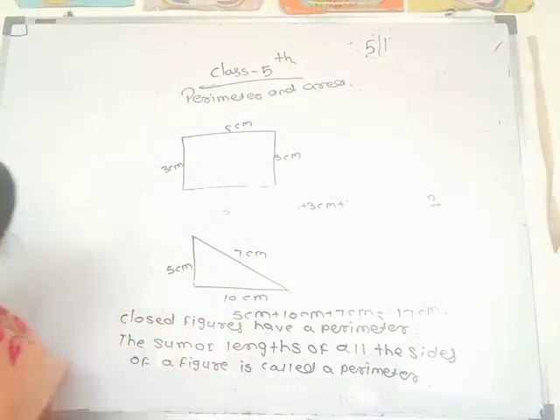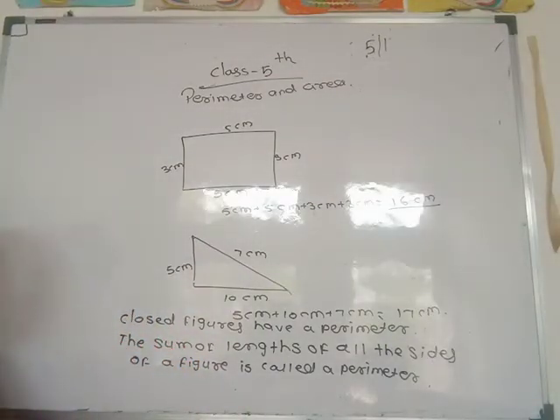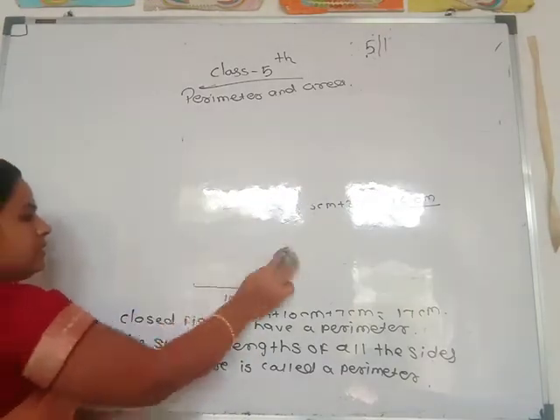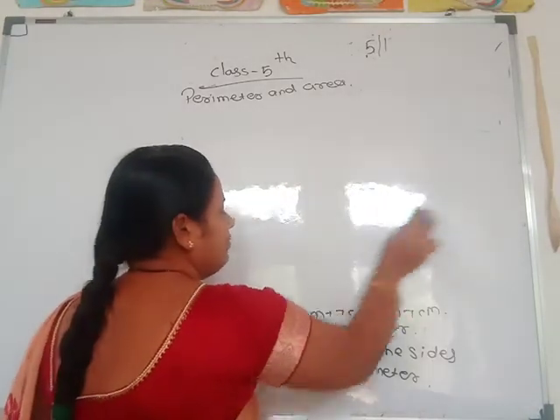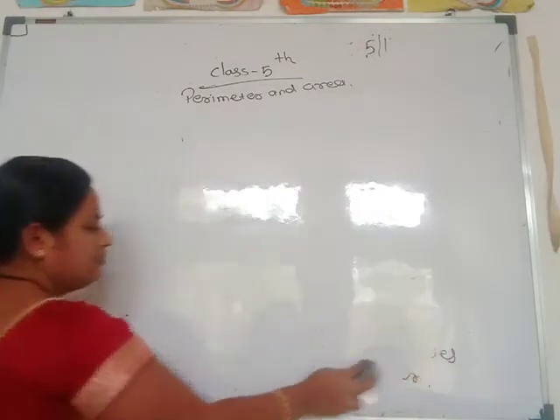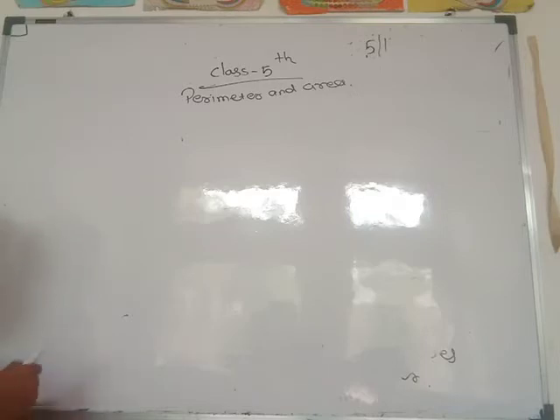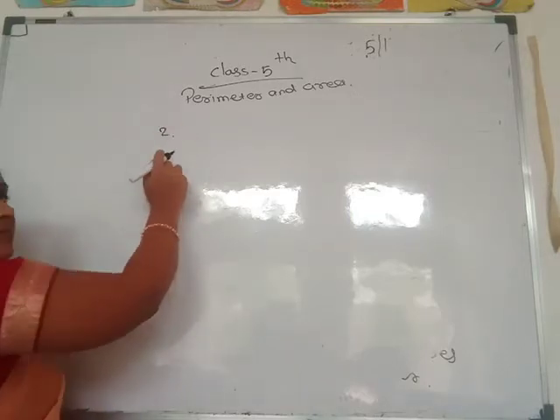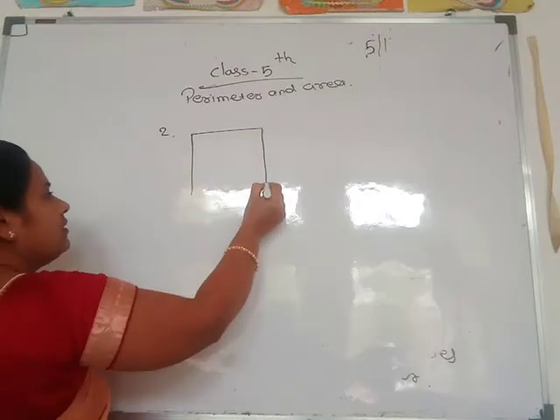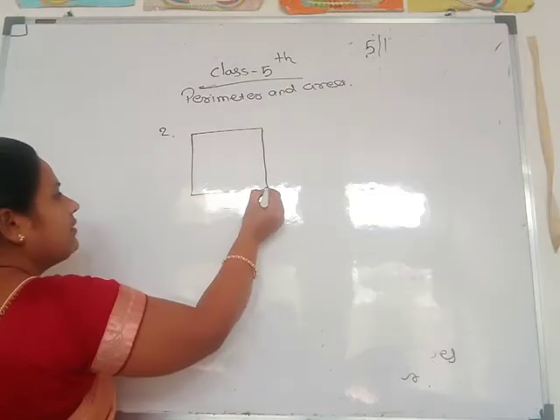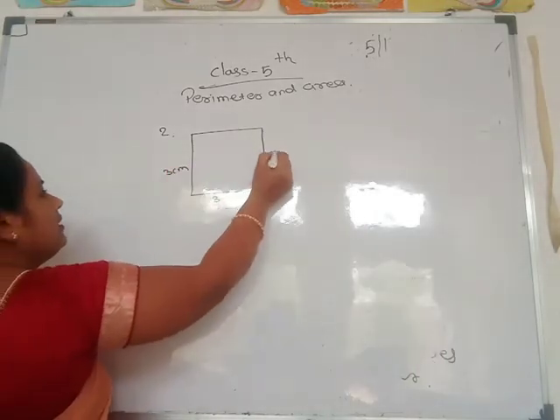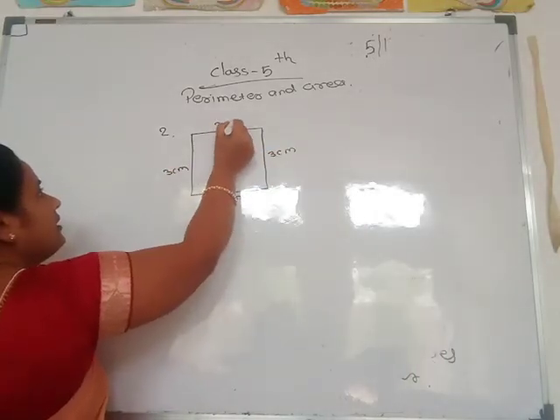In this problem set 48, the first question in homework you complete, and the second question you see here. Square: each side of this square is 3 centimeter, 3 centimeter, 3 centimeter and here 3 centimeter.